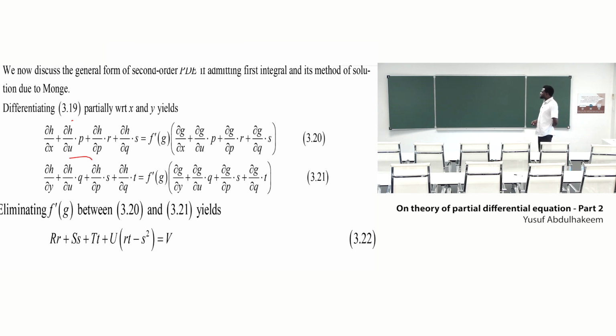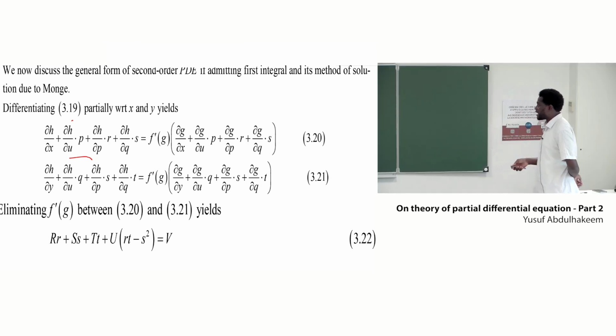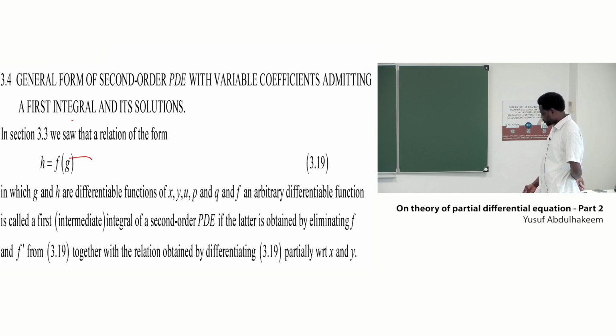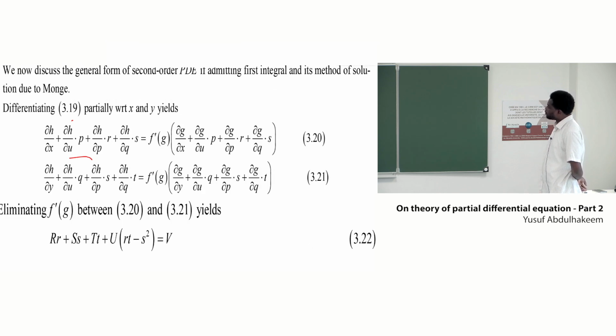Now, of course, we can infer from what we did yesterday. By the time we differentiate this equation 3.19 with respect to x, then with respect to y, we are going to obtain what we have in 3.20 with respect to x and 3.21 with respect to y.